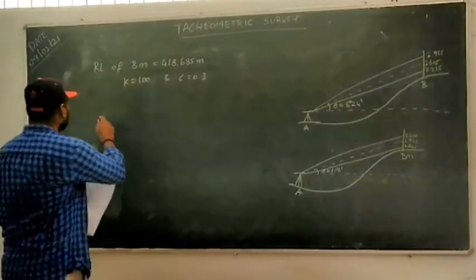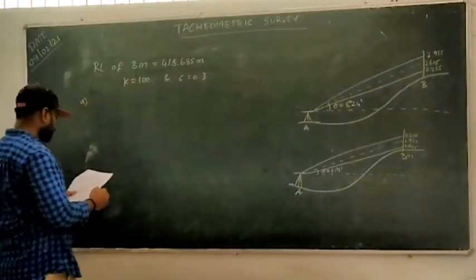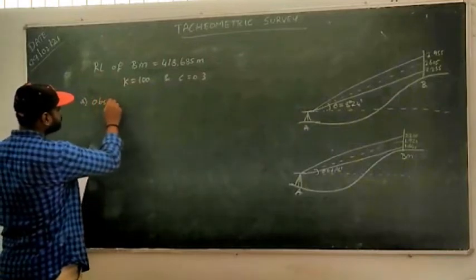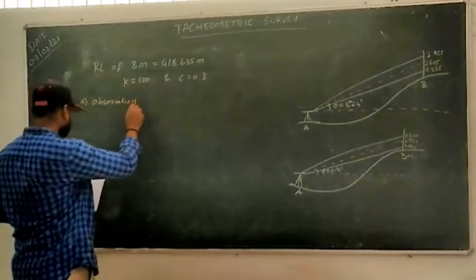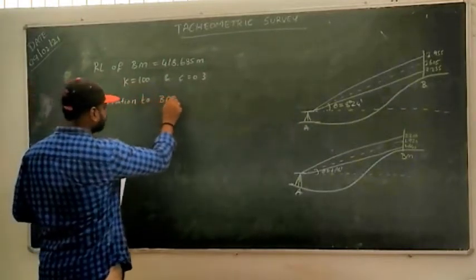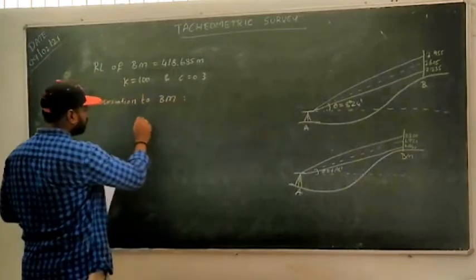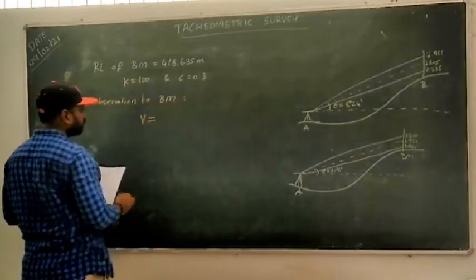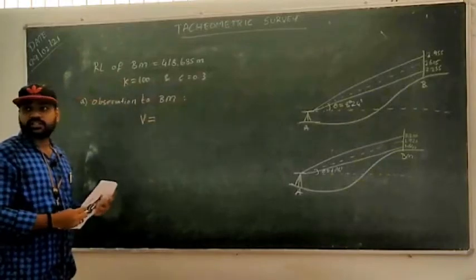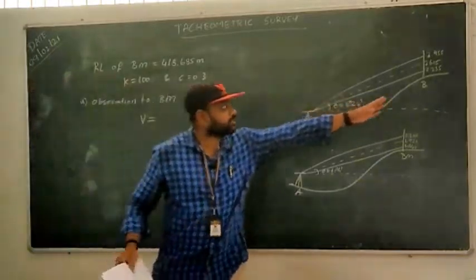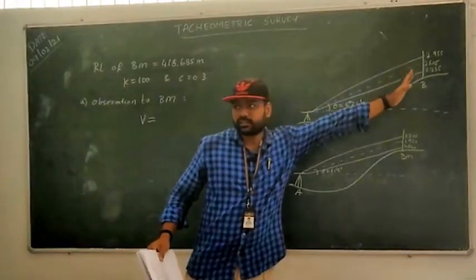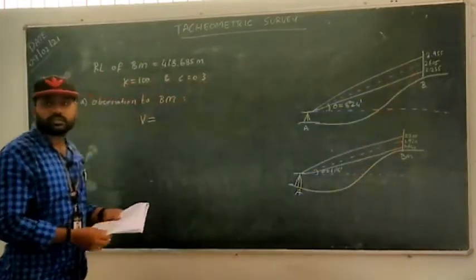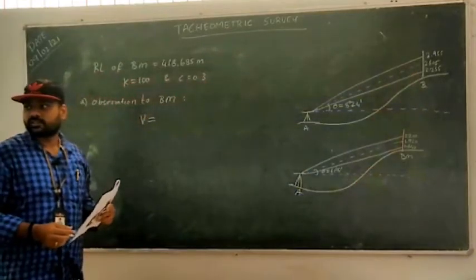You can write in the solution: observation to benchmark, that is V is equal to, what is the first equation we calculated for the vertical staff?